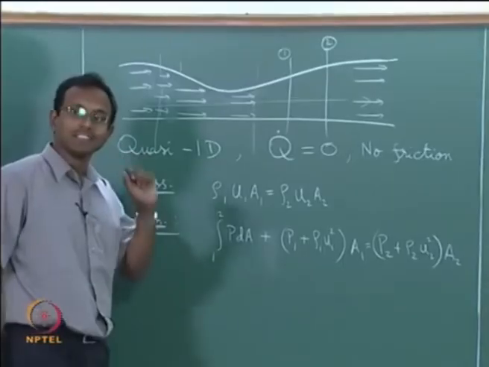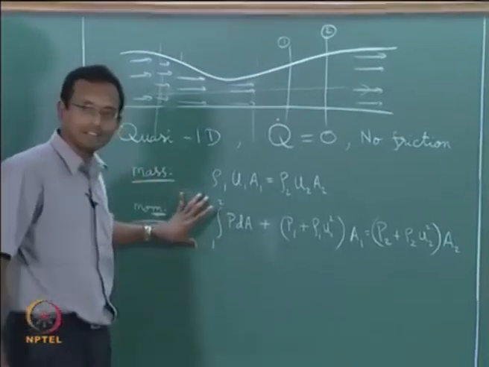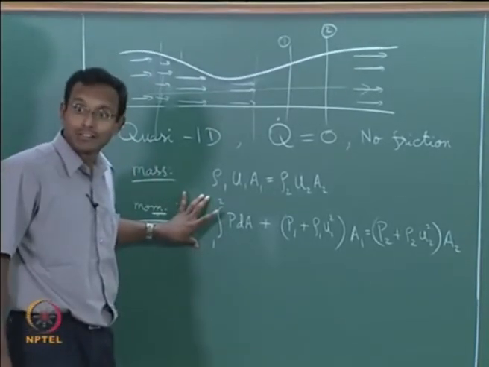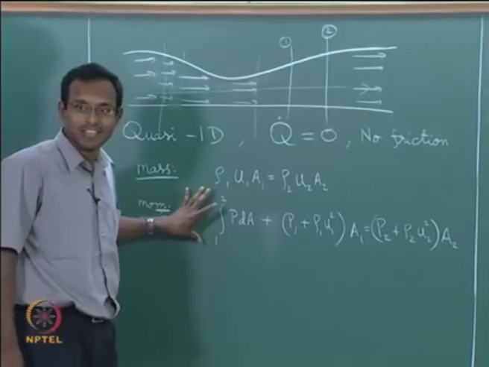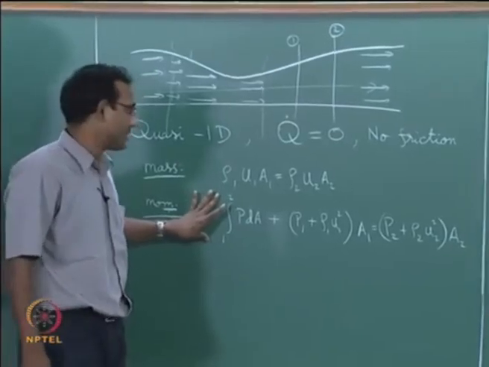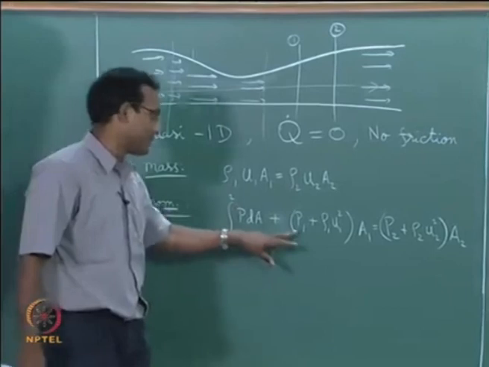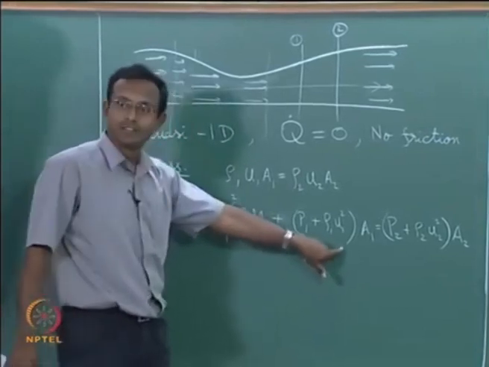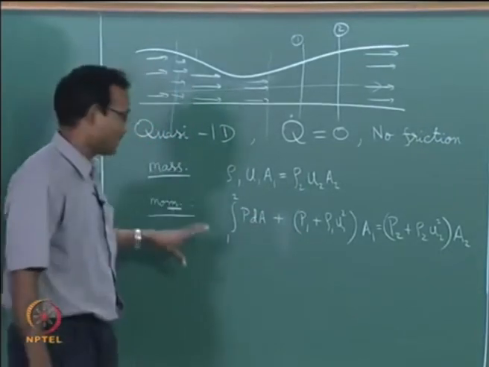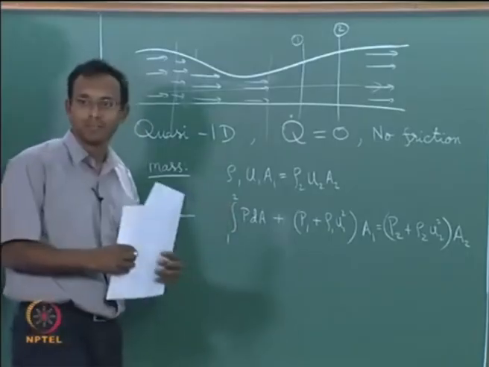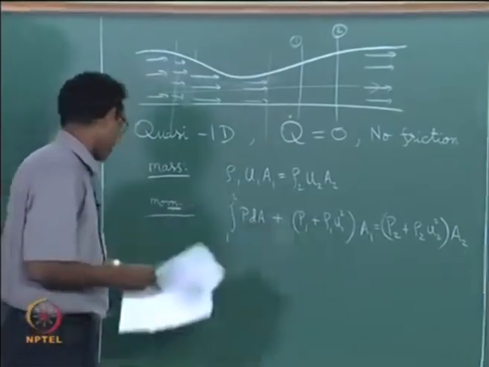We said that if it is a constant area duct then I can neglect this. Currently I cannot, it is no more a constant area duct, we said its area may be changing. Okay. Initially we said constant area duct, I can say P plus rho u square is a constant, now I cannot do that anymore. Okay. I have to be more careful about which momentum equation I am using. This is the correct one to use.